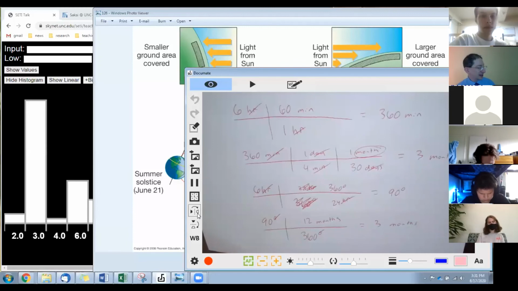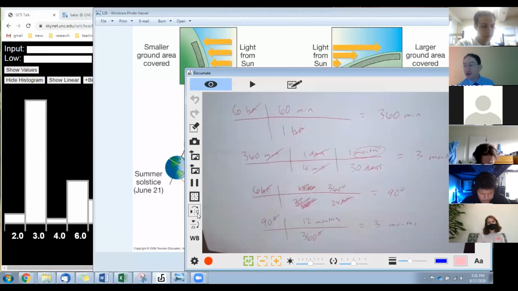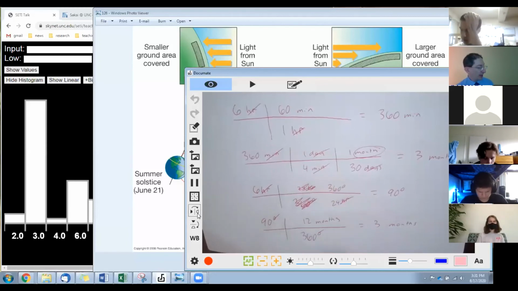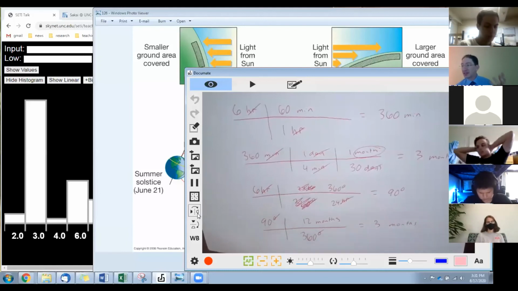Here, we had a conversion factor of 4 minutes earlier every day. Sometimes the conversion factors are based on motions, like the Earth spins completely around, 360 degrees, in 24 hours. It orbits completely around, 360 degrees, in 12 months. So sometimes it's a physical or geometrical thing that's giving us the conversion.